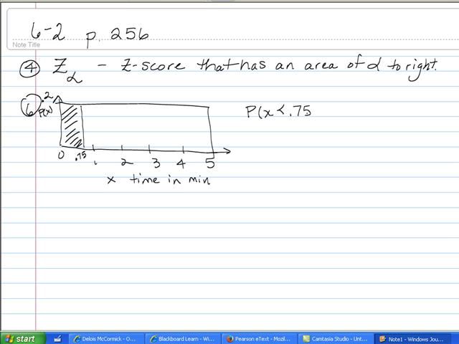So we want to take 0.75 times 0.2. 0.75 is our length here. 0.2 is our length here. And that gives us 0.15, which would be our probability.